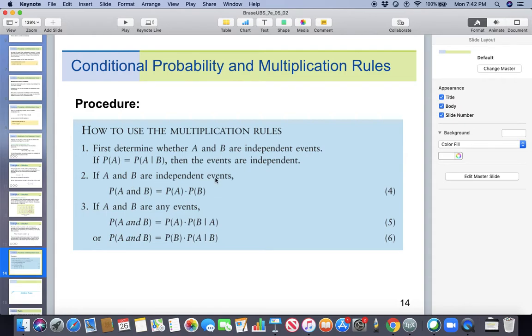If A and B are independent events, then probability of A and B is probability of A times probability of B. If A and B are any events, then probability of A and B is probability of A, so A has occurred, times probability of B given A has occurred, which is same as, suppose B has occurred, so probability of B times probability A given B.